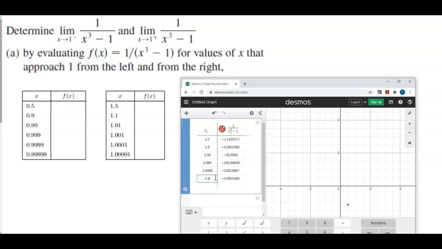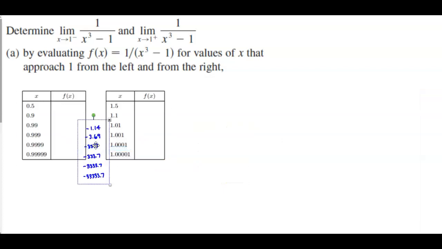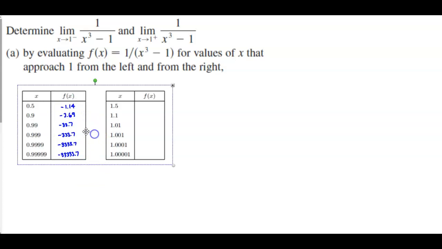And then 0.99999, we get negative 33,333.6. So let's go ahead and put those values in. So as you can see here, as we put in values of x, this limit seems to be approaching negative infinity.